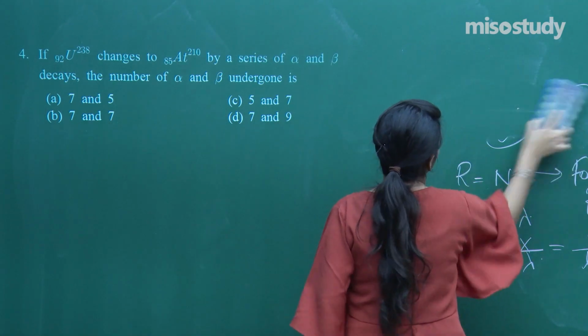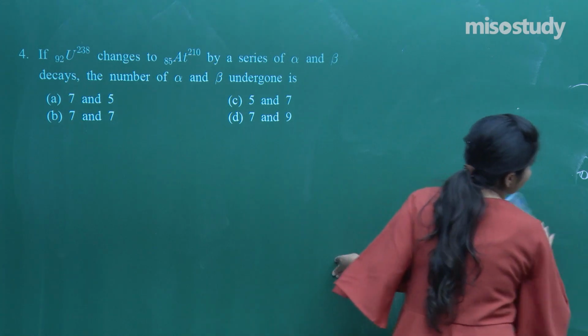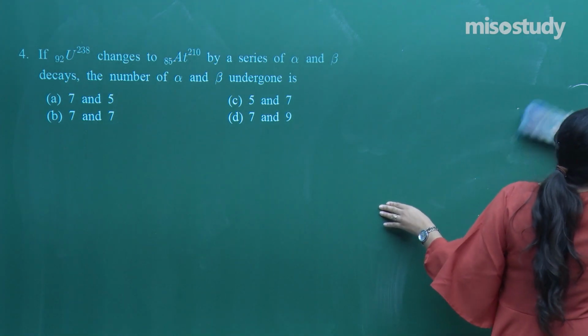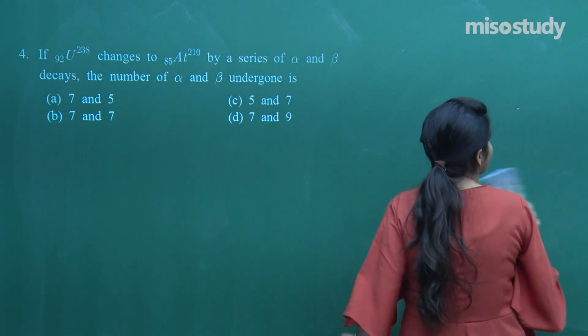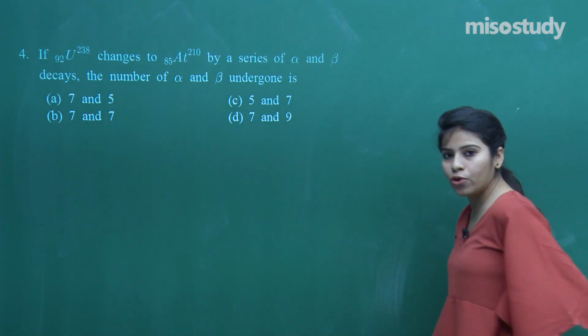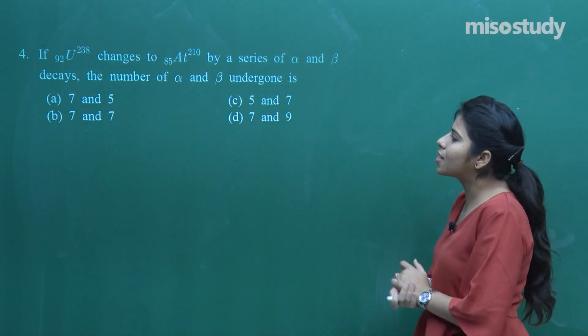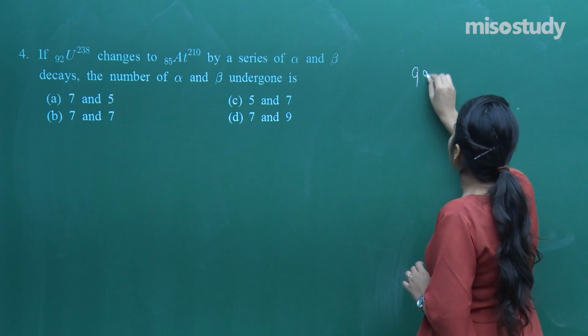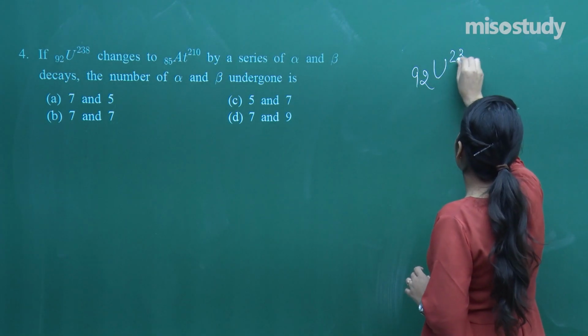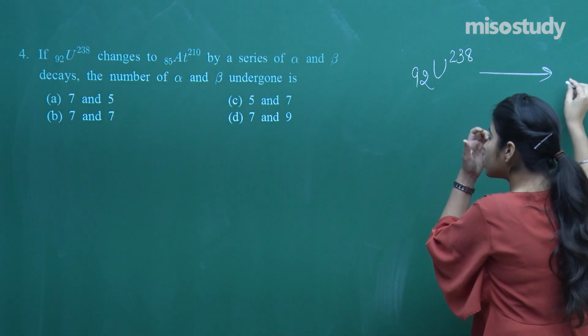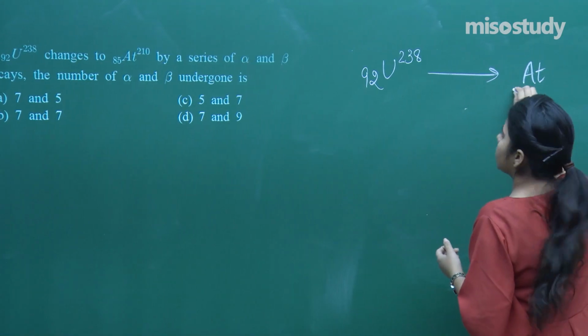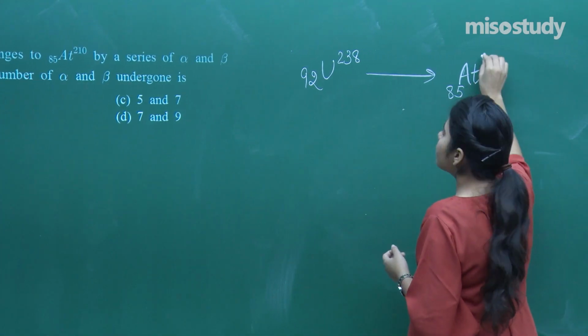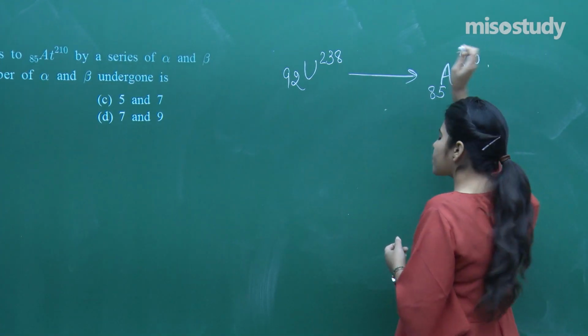Let me just start, and I know that you will be doing it along with me in your notebooks, and you are going to solve it just before me. So let us just start. We have a uranium isotope and it is changing to this 85 and 210.